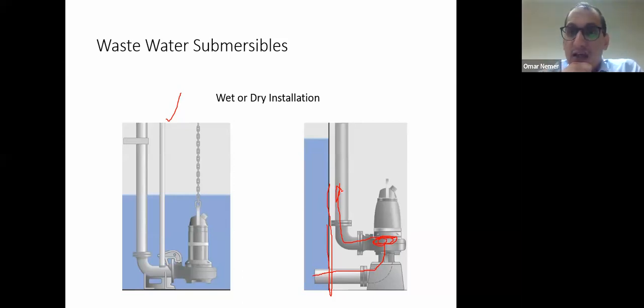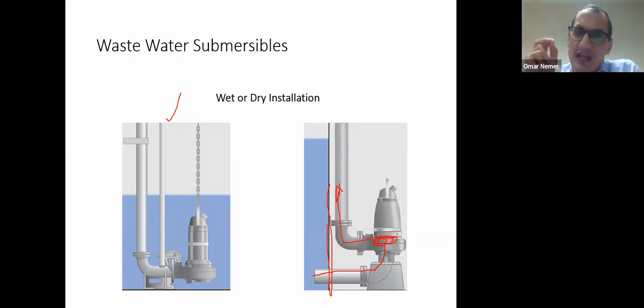Now, all submersible pumps are designed to work in wet installation, but not all of them are suitable for dry installation. If you want to use it in dry installation, the manufacturer has to tell you this clearly.